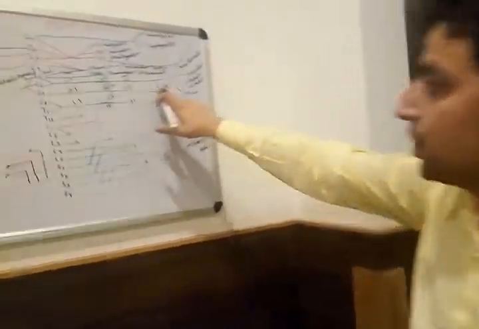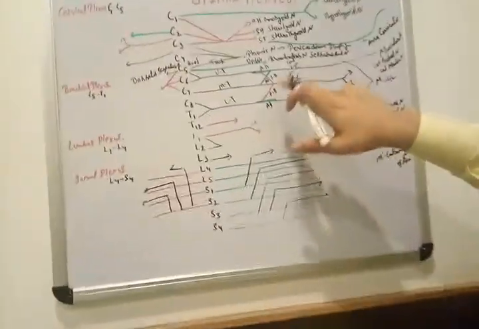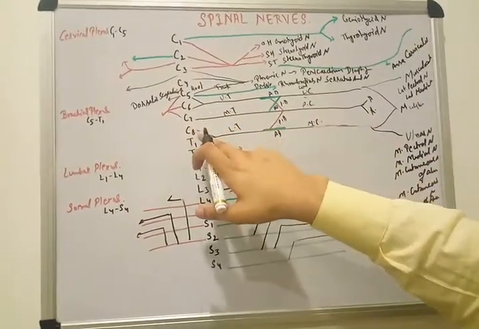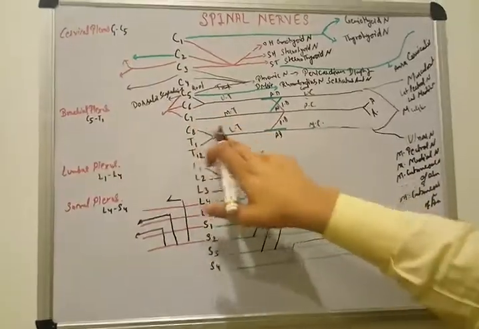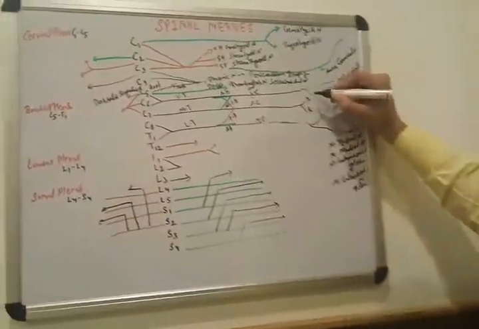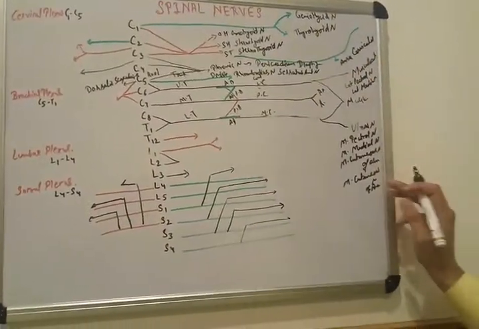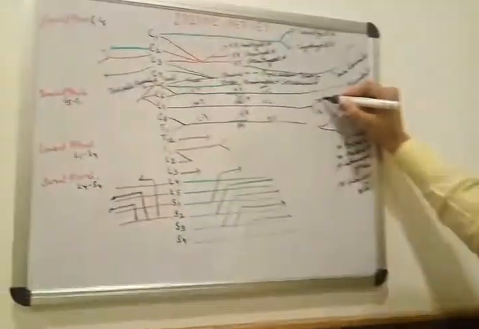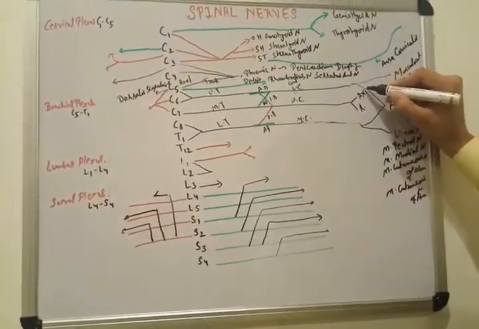Then the posterior cord comes from the posterior divisions of C5, C6, C7, C8 and T1. A represents axillary. Ulnar nerve injury I already explained; it causes the claw hand, like this. And the axillary nerve comes from the posterior cord.